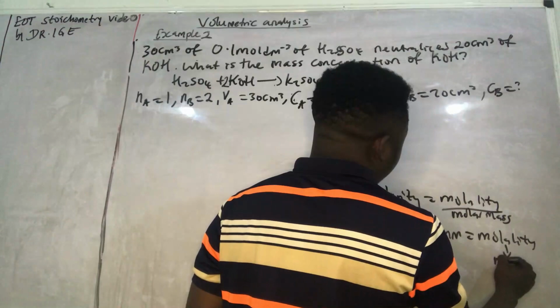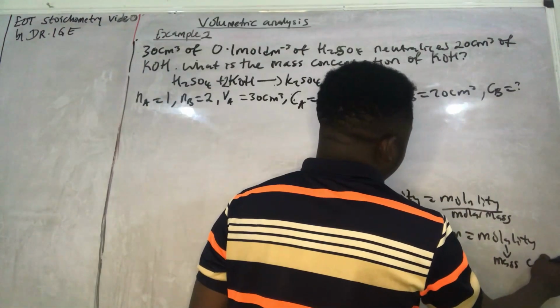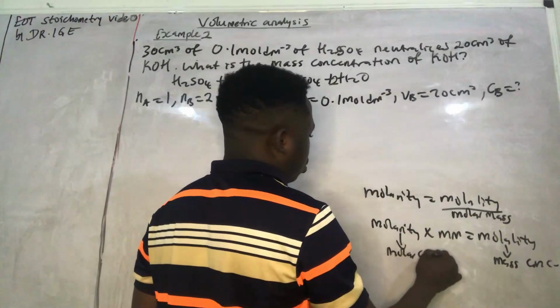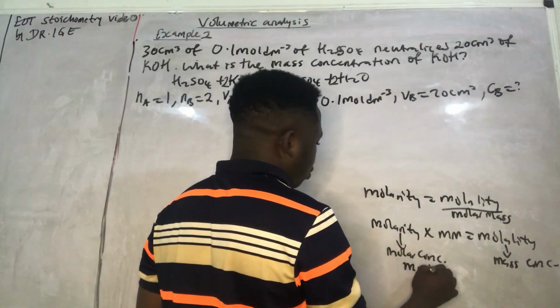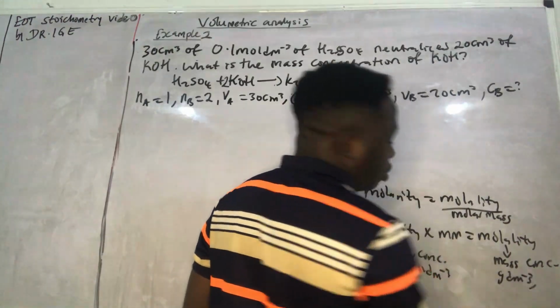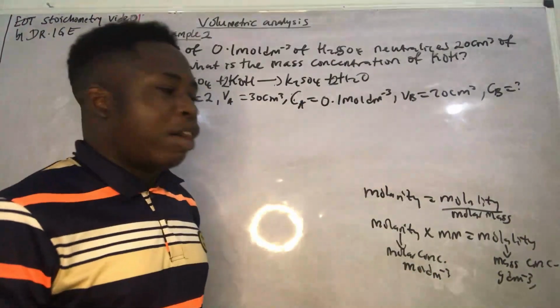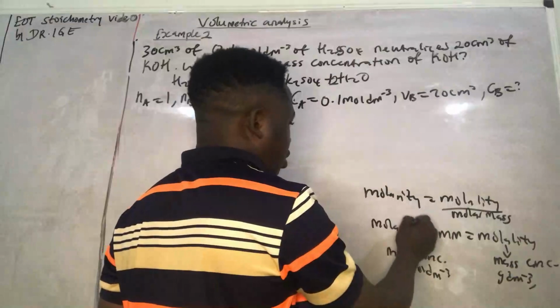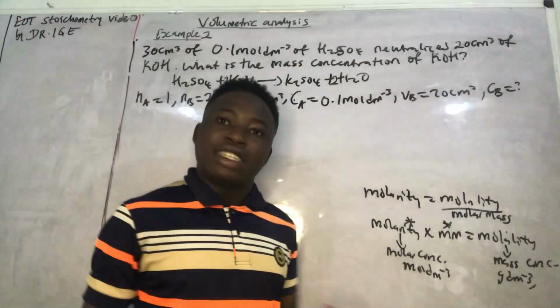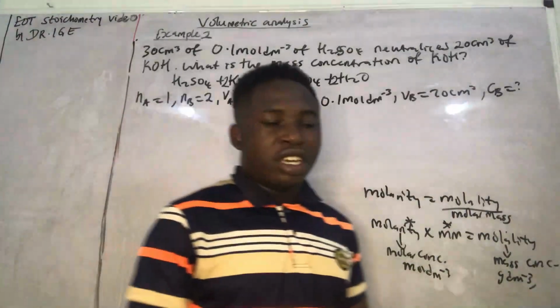Remember this is called molar concentration in mole per dm cube, and this is gram per dm cube. You see where the whole stuff is starting from. So our goal now is to look for this guy first. We can calculate the molar mass of KOH, then we can get the molarity. See how it's not very complex, it's just normal work.